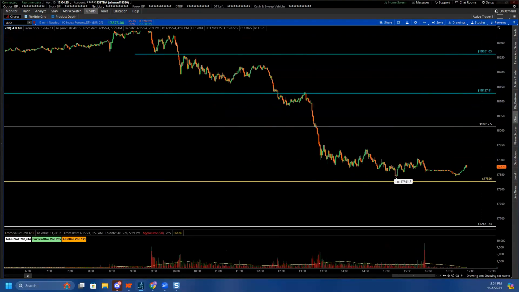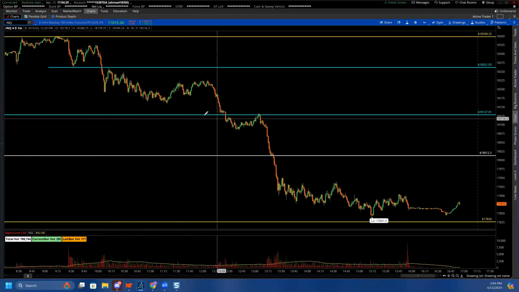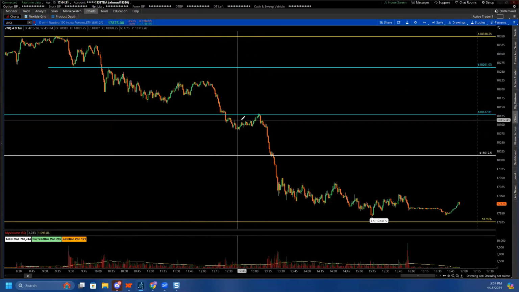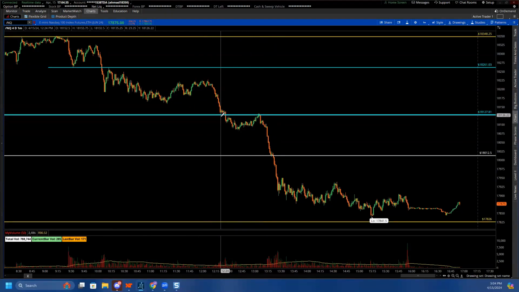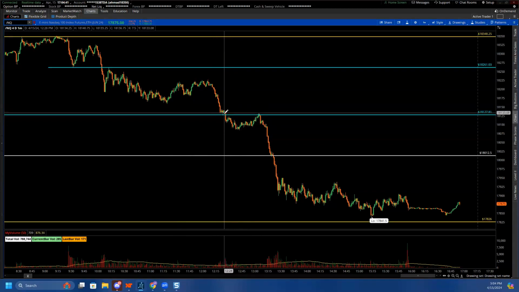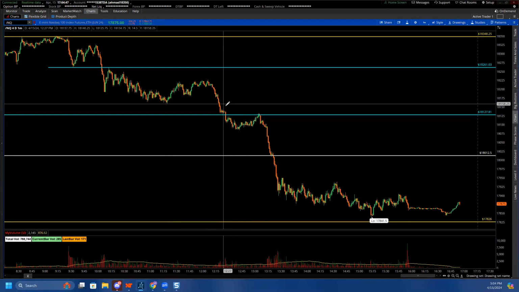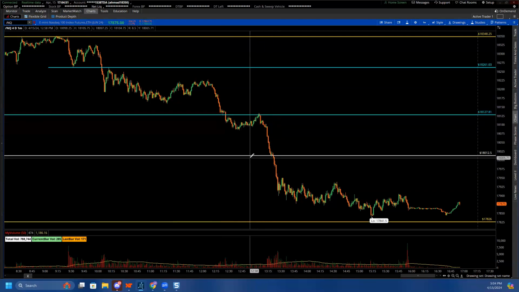What you can do is, for example, around these levels, most of the time the price action will be choppy, because there will always be a fight between bulls and bears here. People are going long who want to trade a bounce, and there are people going short who want to see the breakdown further towards the next level.